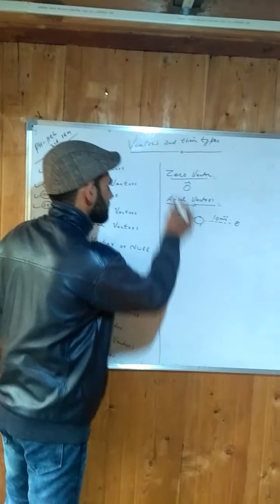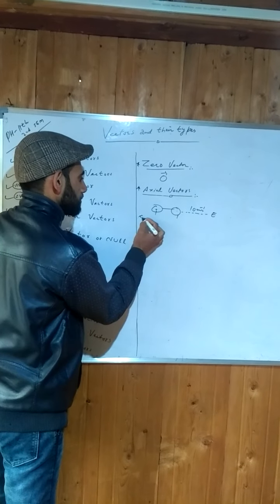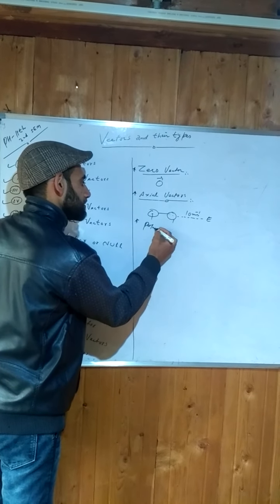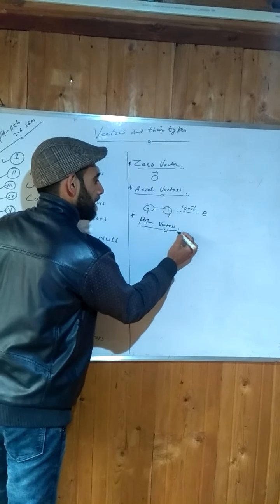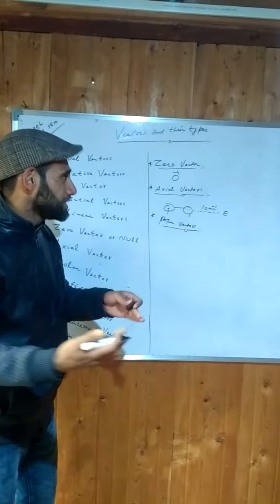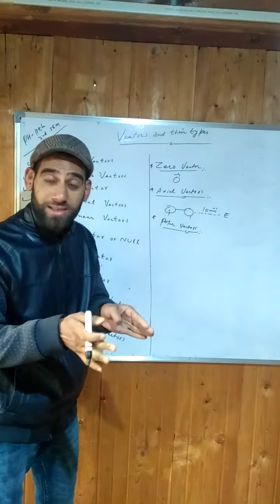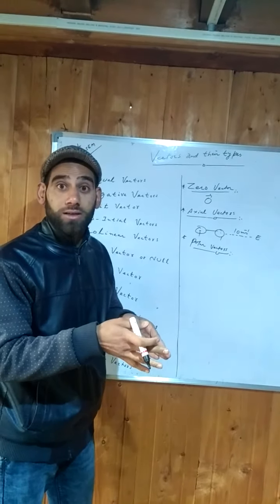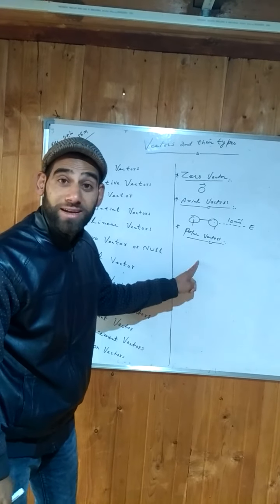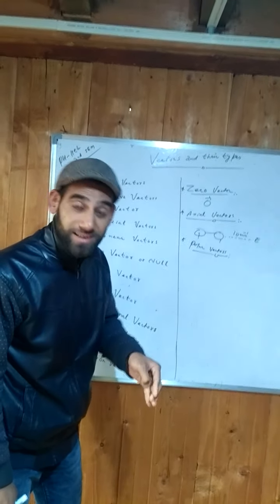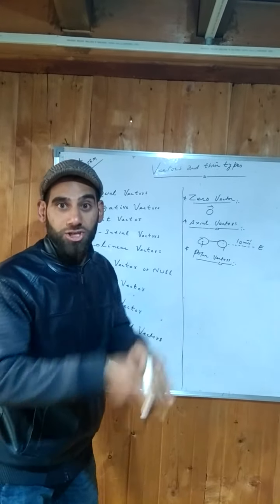Now another important point: polar vectors. A polar vector is just the opposite of an axial vector. Why? Because axial vectors act along the direction of motion of the body, while polar vectors are those vectors which act along the axis of rotation.